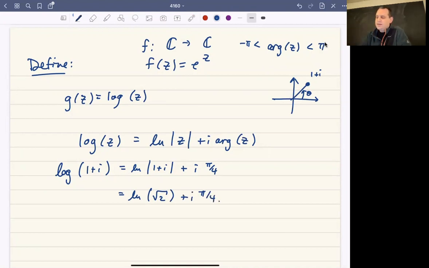Now, this is completely dependent on our branch cut for the exponential function.